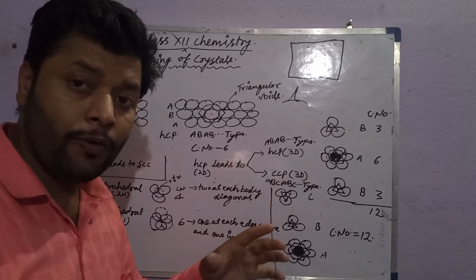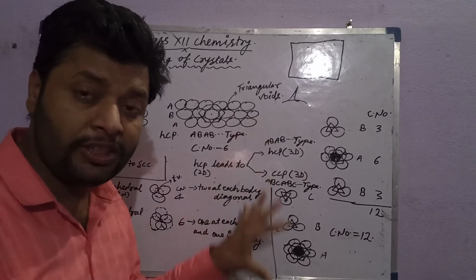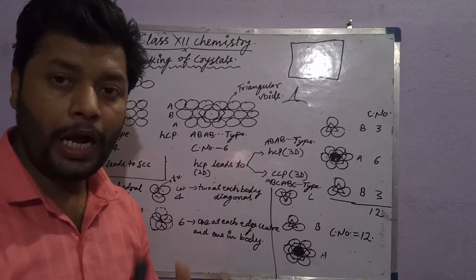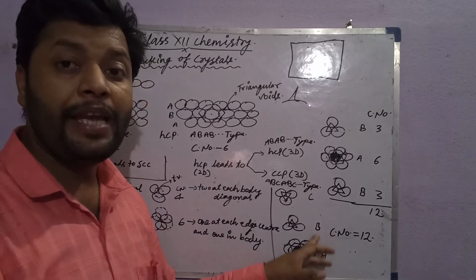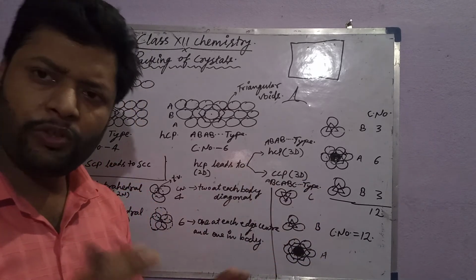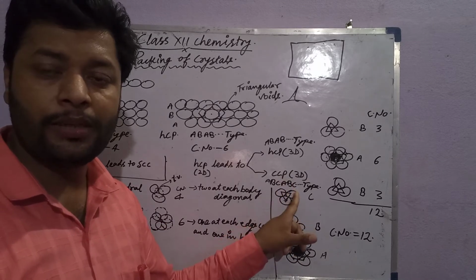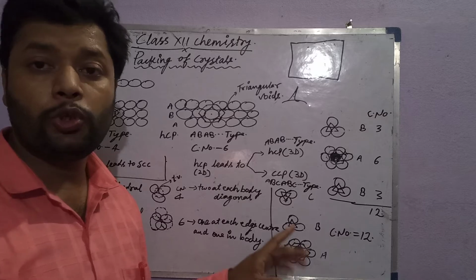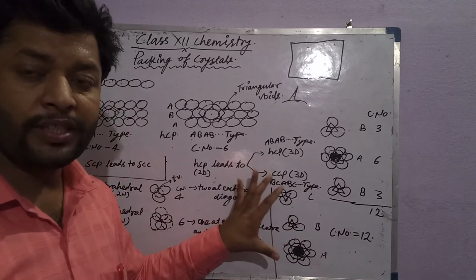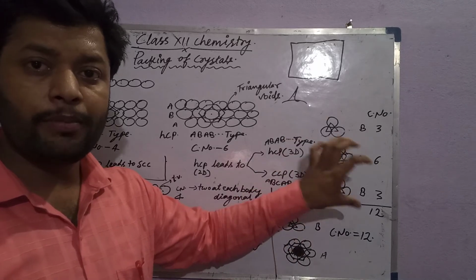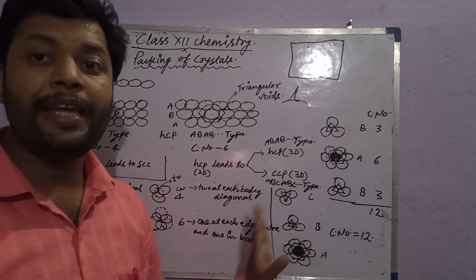So when we see the arrangement, all these three layers become different, and that's why this is called ABC type, with the same coordination number, because these have 3 coordination number and 6 coordination number. So the total coordination number is again 12. But the arrangement types are AB type and ABC type.